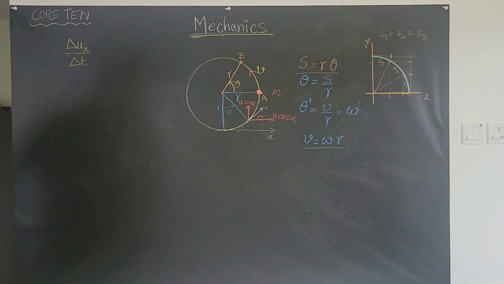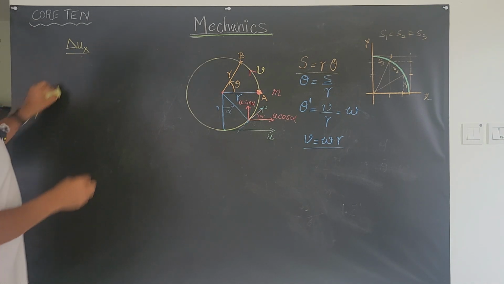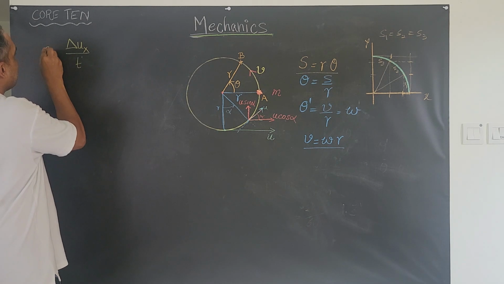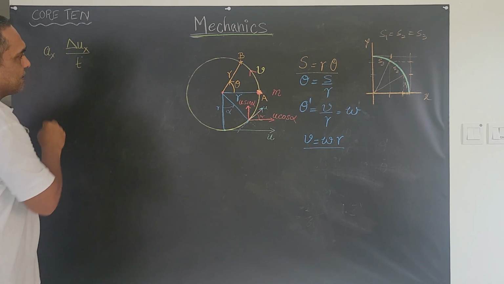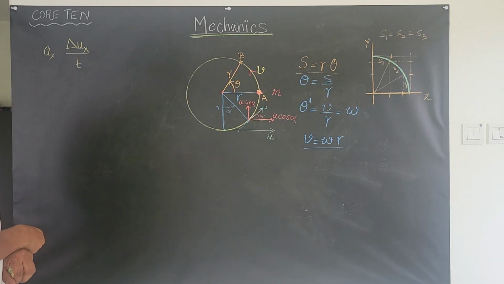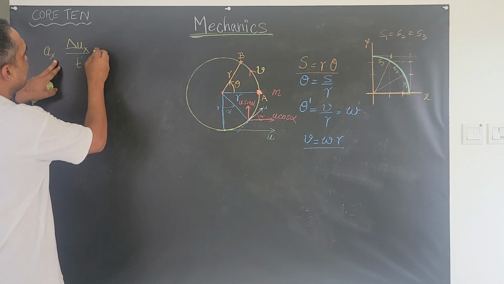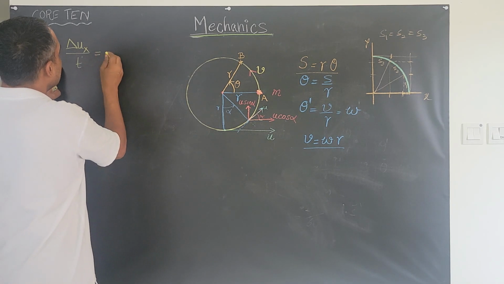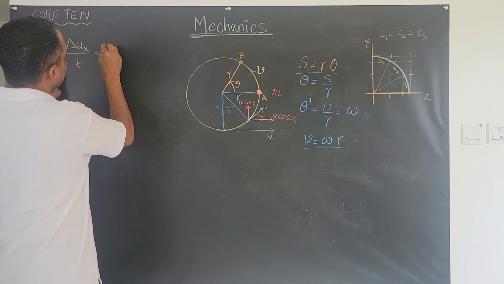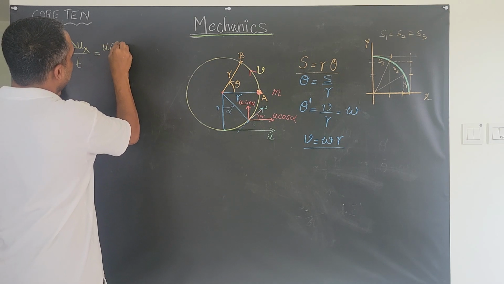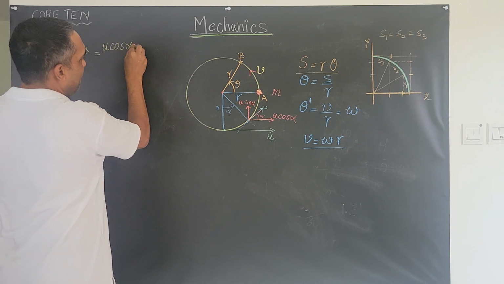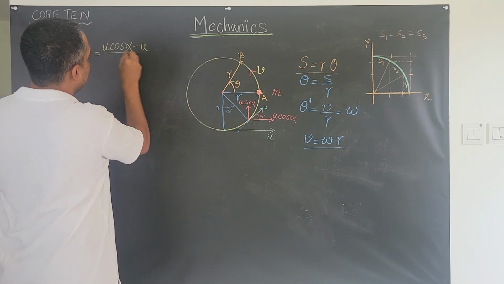I'll just use t for that, and I'll call that acceleration along the x-axis. This is nothing but final velocity u cosine alpha minus u, divided by time.